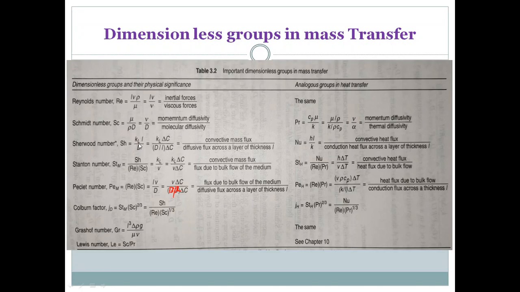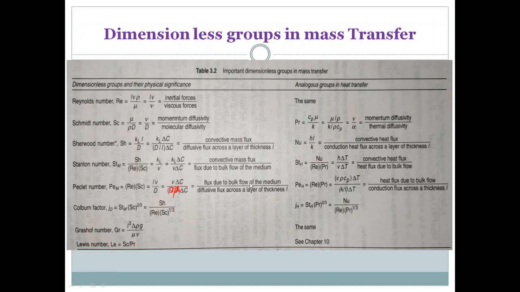If it is cancelled, then kL by D. Keep in mind this D is diffusivity. So k is your mass transfer coefficient, L is characteristic length, and D is diffusivity. In heat transfer it was hL by k, with h the heat transfer coefficient and k the thermal conductivity; in this case it is diffusivity.